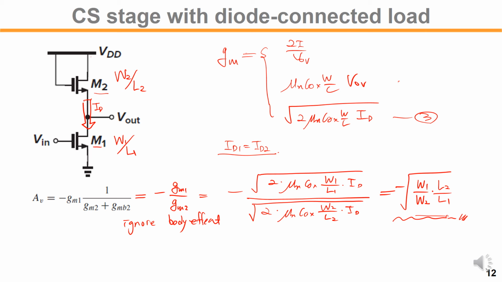If you want a very large gain, then you want a small load device. But out of this kind of stage, the maximum achievable gain is quite limited by this size ratio.